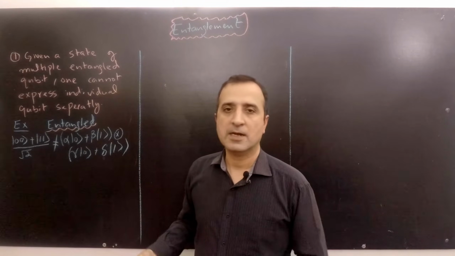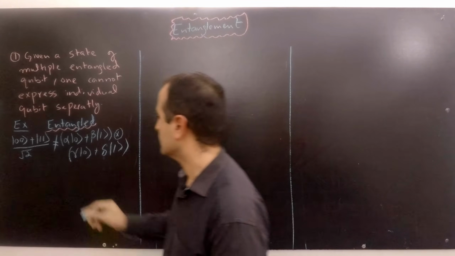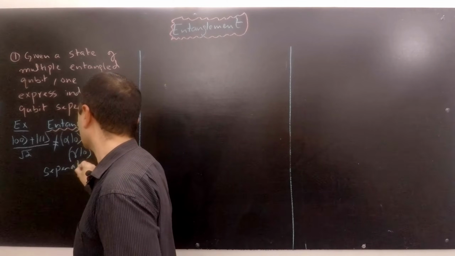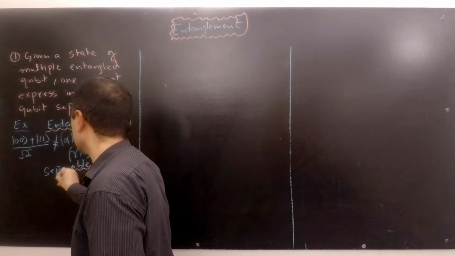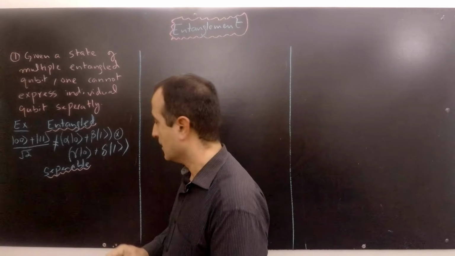In contrast to that, we have separable qubits. That means that these qubits are not entangled and we can express them separately.